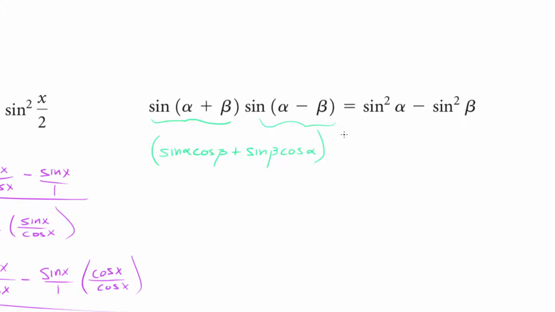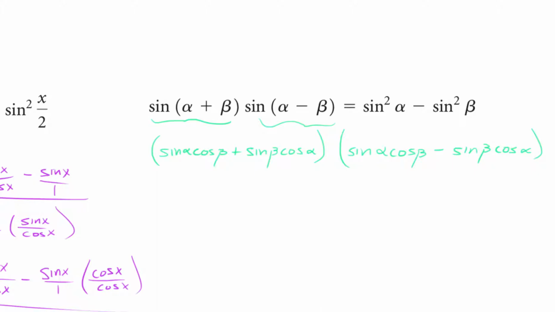And then this guy over here becomes sine of alpha cosine of beta minus sine of beta cosine of alpha.